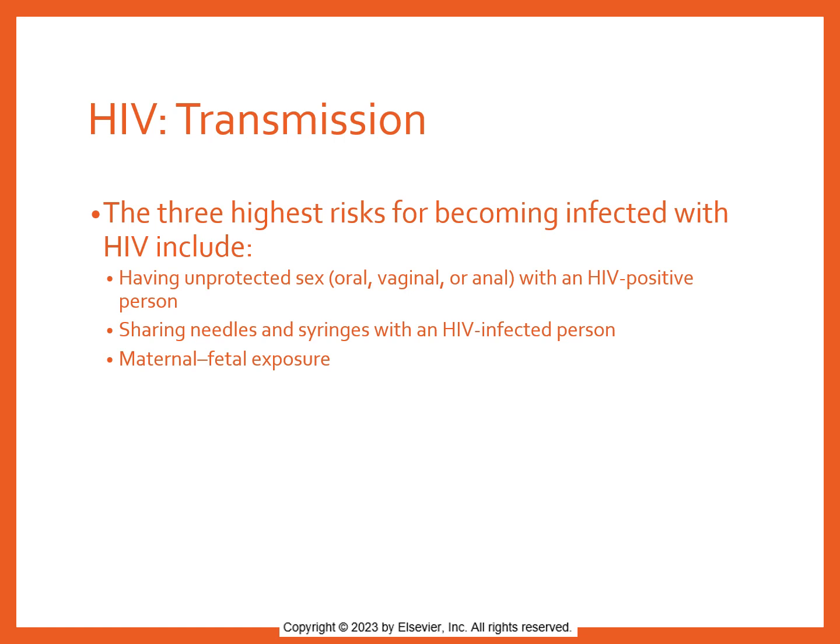The second highest rate, about 23% of new HIV-positive cases, was found in the heterosexual population, especially among those involved in high-risk behaviors. Participating in unprotected anal intercourse with an HIV-positive partner will increase the risk of exposure due to the microscopic tears that can occur in the lining of the anus during sex.